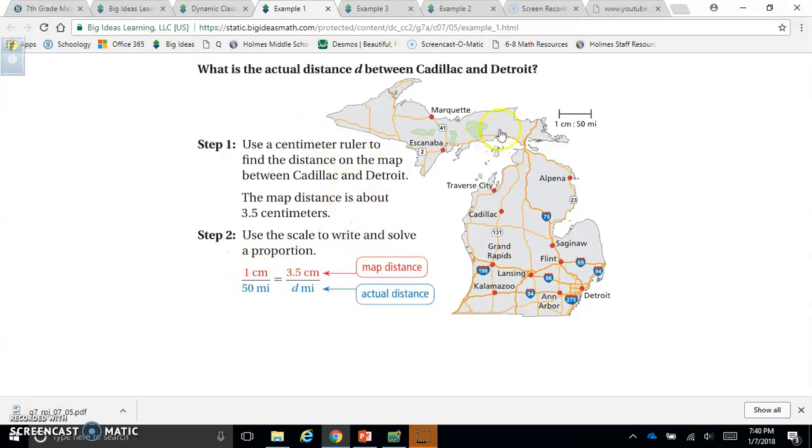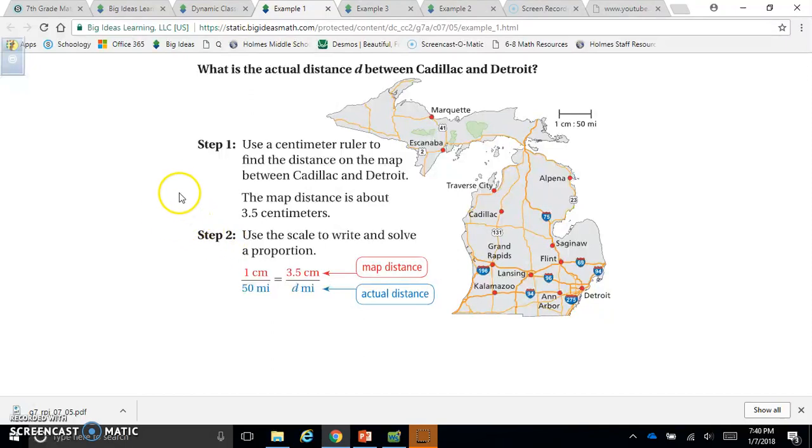So here's our scale: 1 centimeter to 50 miles is equal to 3.5 centimeters, the model or drawing from Detroit to Cadillac, over the actual. We always put the model or drawing over the actual. That's why you see these two in red and these two in blue.